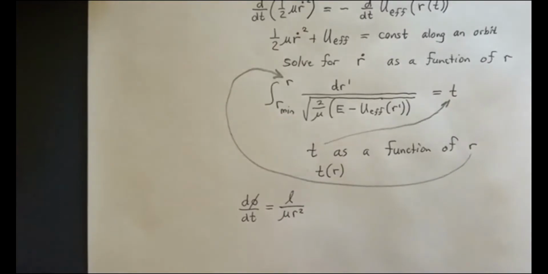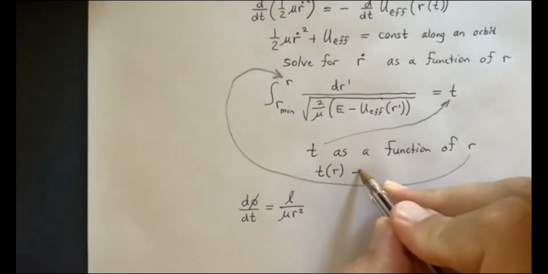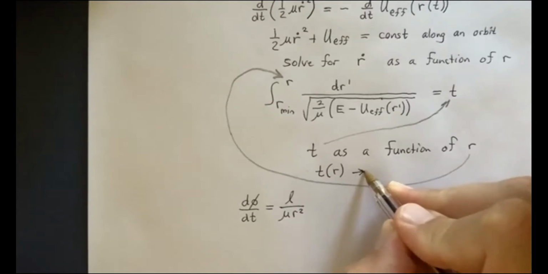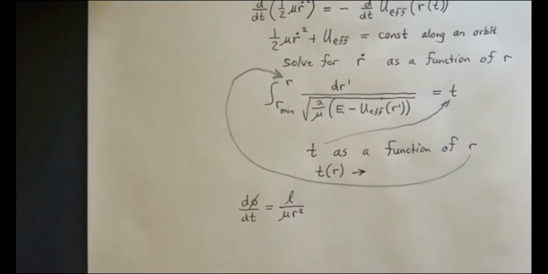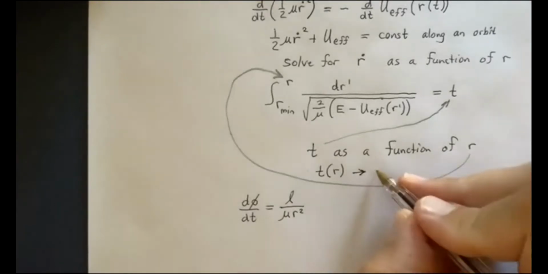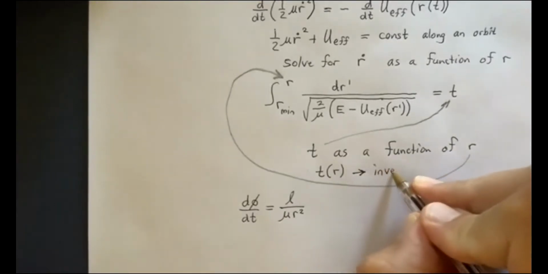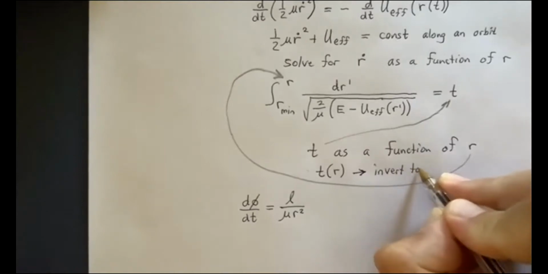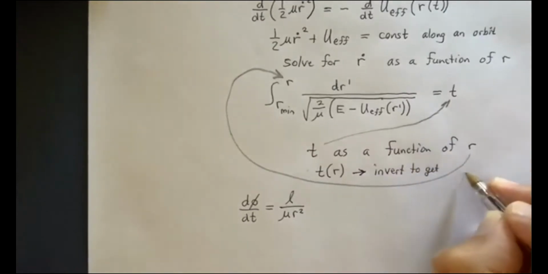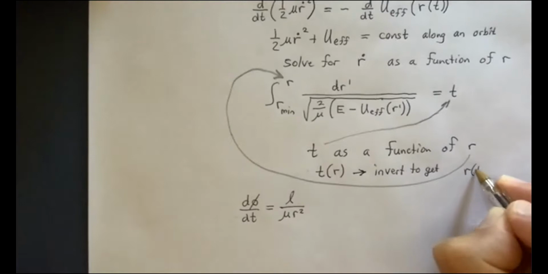So again, the flow of logic is that you could invert this. In principle, you could invert it. Certainly, if you have a computer, you can invert it. In practice, it's a difficult algebra problem, but you could invert to get R of t.